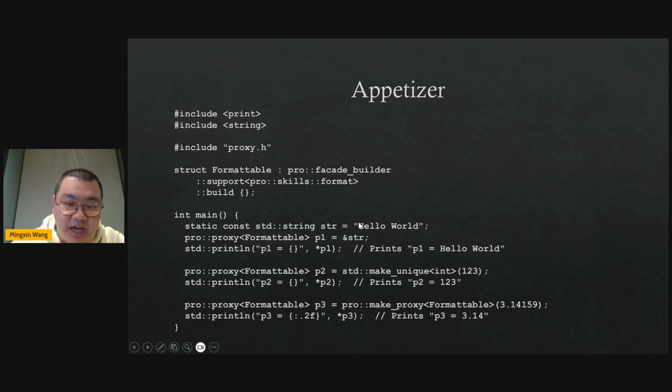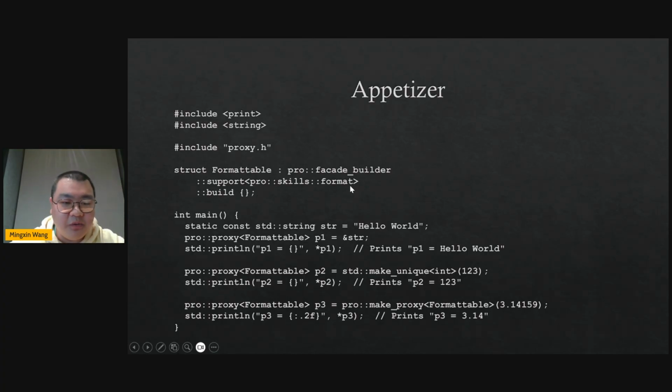But in C++, you don't have this option. The only thing you can do is to define a virtual function on some type and invoke the virtual function. It cannot integrate precisely with a complicated library like the std format library, but you can do it with proxy with just a single line, support pro skills format.